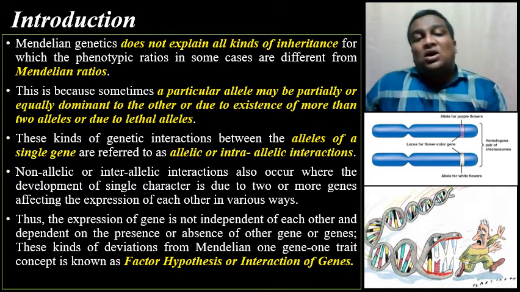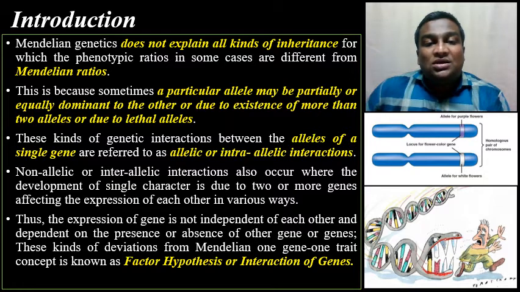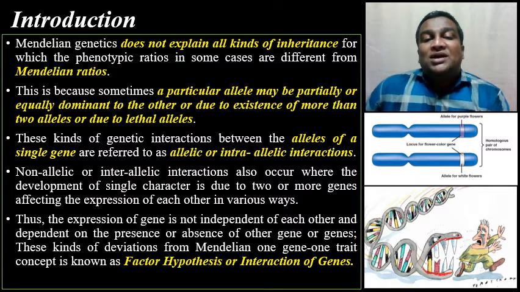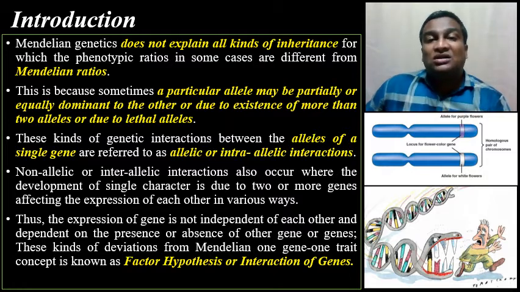This is because sometimes a particular allele may be partially or equally dominant to the other, or due to the existence of more than two alleles, or due to lethal alleles. Lethal means toxic or killing alleles.